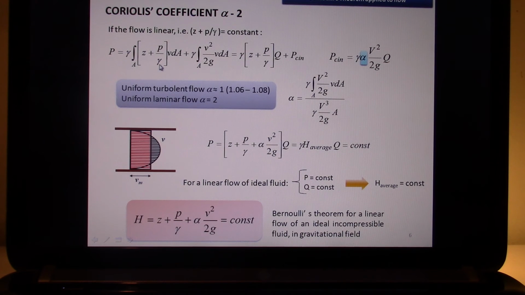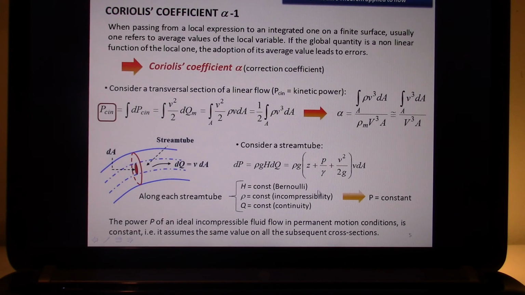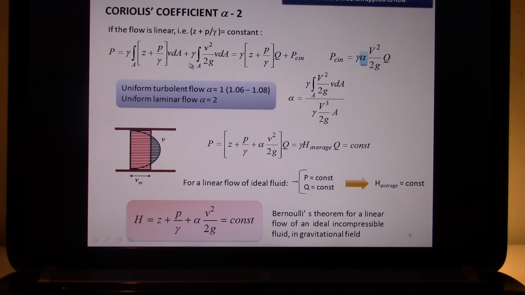The first one is the specific weight times the integral over the cross-section of Z plus P over gamma multiplied by VdA. VdA was the volumetric discharge. Plus, we have now split this term, and this term right here is another term again.